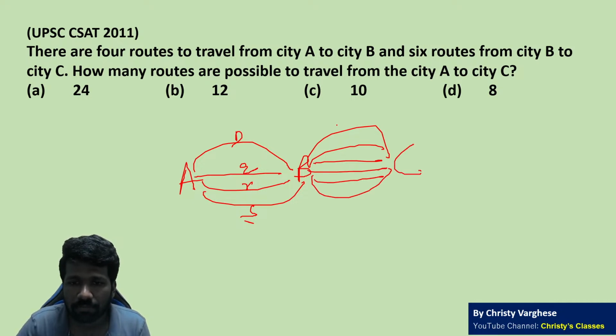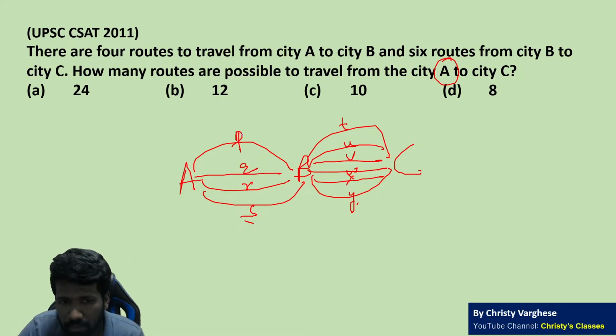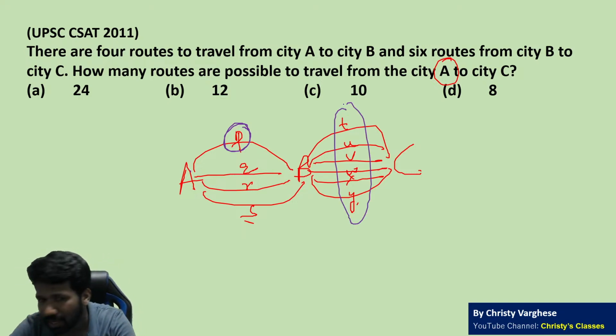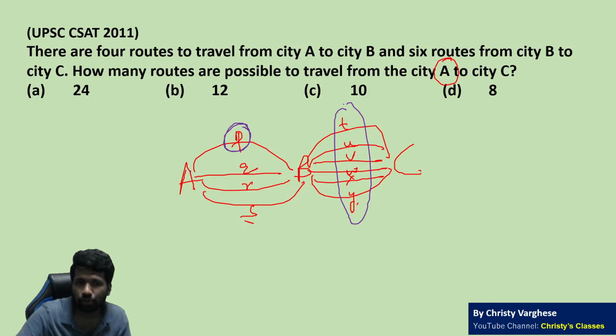I will call them T, U, V, W, X, Y. Then the total number of routes possible from A to C, since A to C can be traveled only via B. So A to B, P has 6 choices now, just like shirt 1 had 4 pant choices.